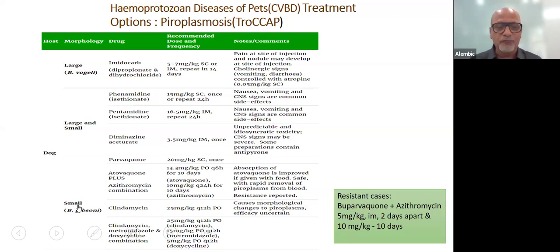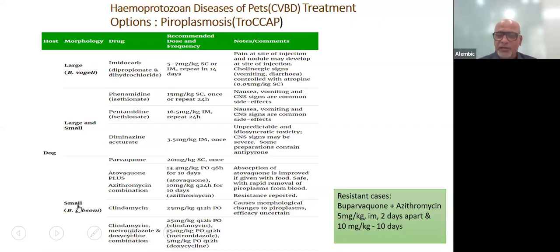One should follow that. Then there is one more combination, clindamycin, metronidazole, and doxycycline. Clindamycin is 50 milligram per kg, divided into 2 doses. Metronidazole is 30 milligram per kg body weight, divided into 2, so 15 milligram at a time. Doxycycline is 5 milligram per kg twice a day, so 10 milligram is the total daily dose.